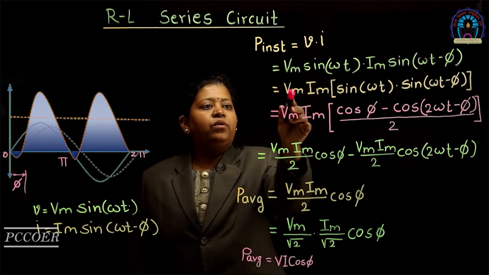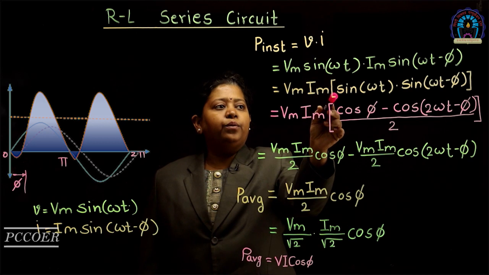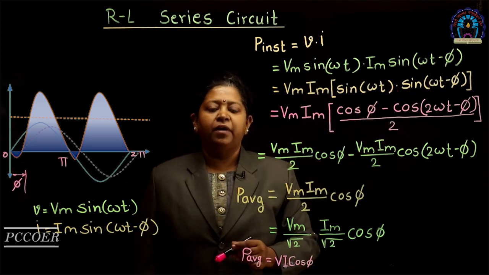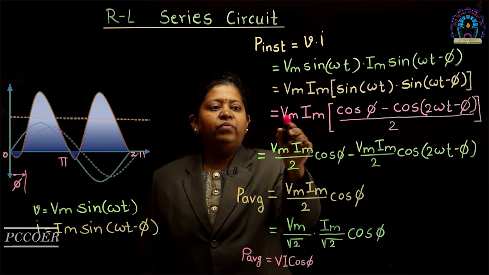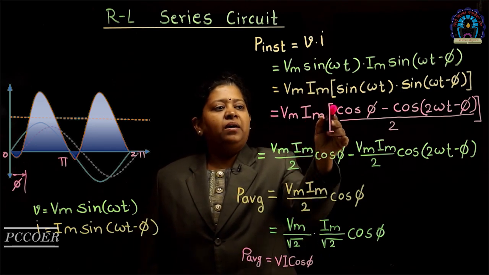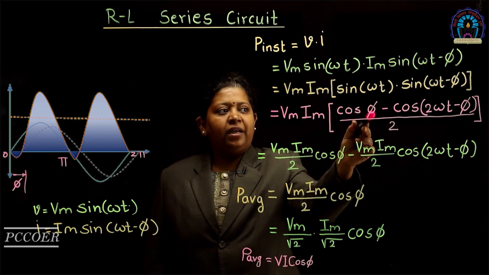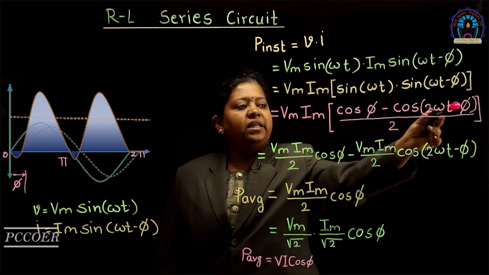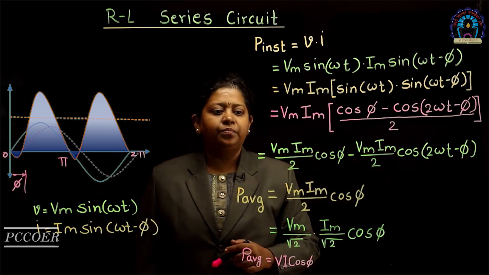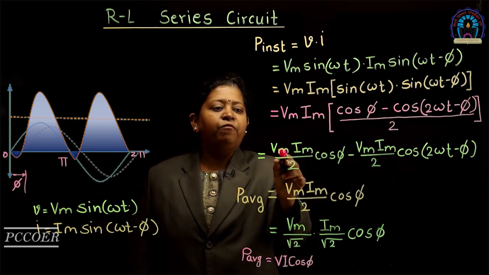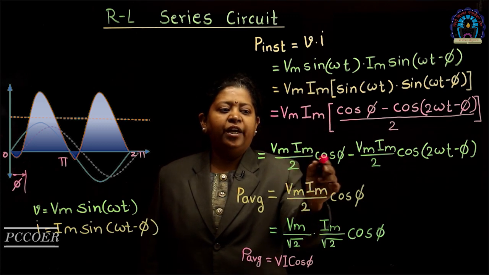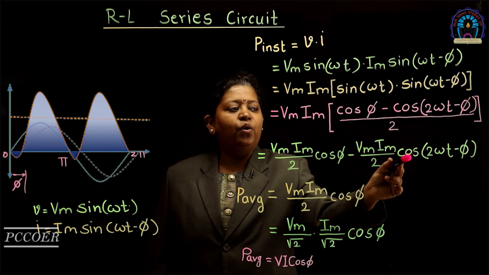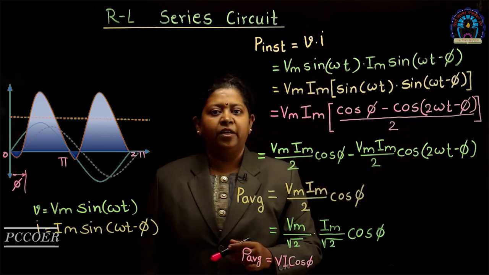This is equal to Vm into Im into sin omega t into sin of omega t minus phi. This is equal to Vm into Im into cos phi minus cos of 2 omega t minus phi, whole divided by 2. This is equal to Vm Im upon 2 into cos phi minus Vm Im upon 2 into cos of 2 omega t minus phi.